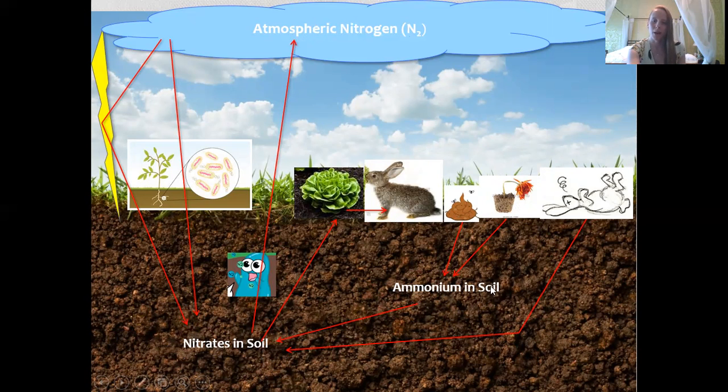We also have some ammonium in the soil. This over here is lightning. This plant here would be one of our legumes, and it is kind of zooming in on the roots there to show you some of the nitrogen fixing bacteria. This little guy here is our denitrifying bacteria. Then we have some plants, animals, animal waste, and some dead plants and animals.